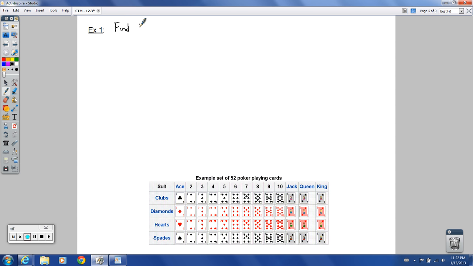So example 1: let's say I said to find the odds against choosing a diamond from a standard deck of 52 cards.